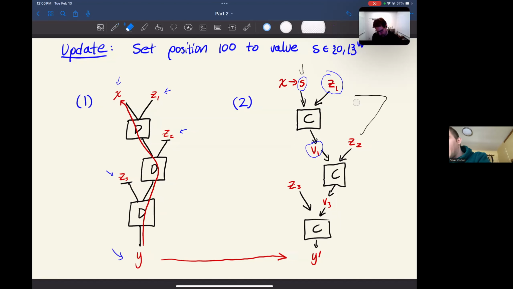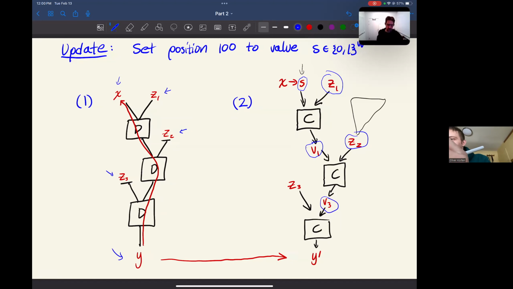Now I want to keep doing this in a way that doesn't change the other memory cells, so I maintain what I had before. I have this V1, and I also branch over here, and I don't want to change cells on that branch at all. So let's take V1 together with this old value, whatever was here, and feed them again through my compression. And I just keep doing this at each step. Finally, when I finish, I reach a new value of my seed.